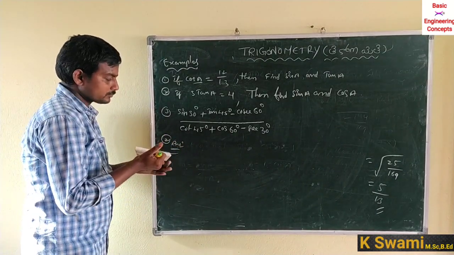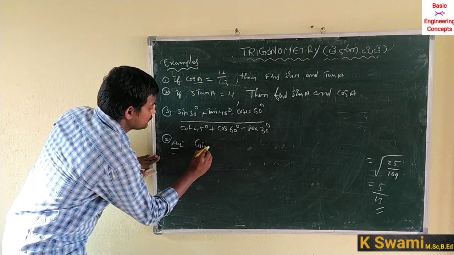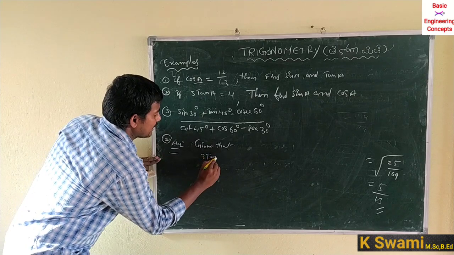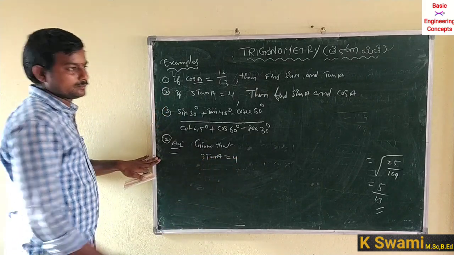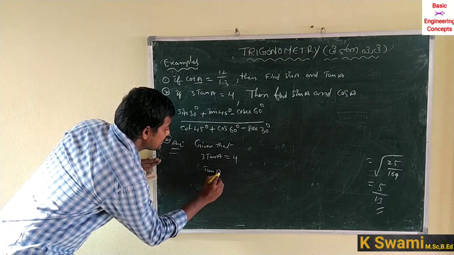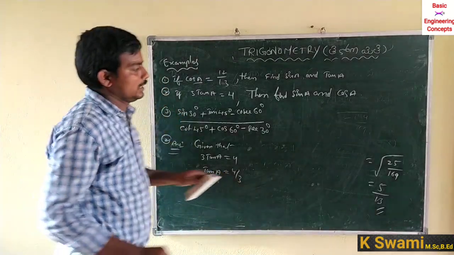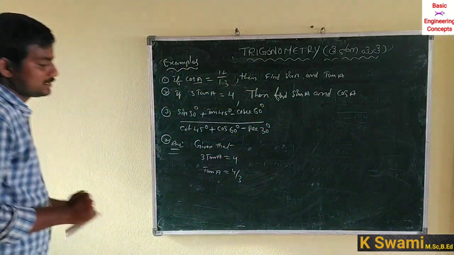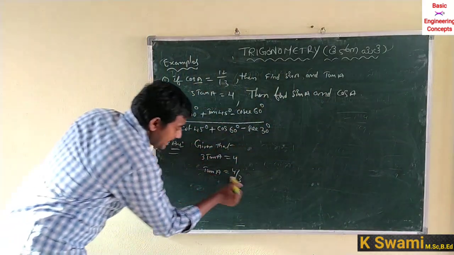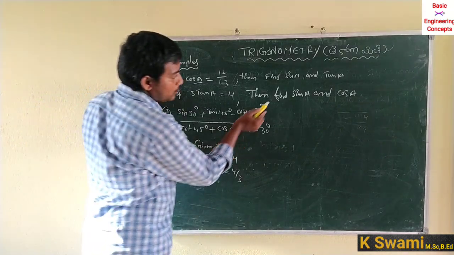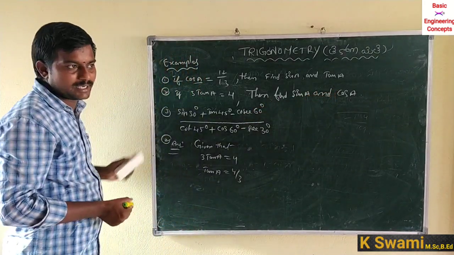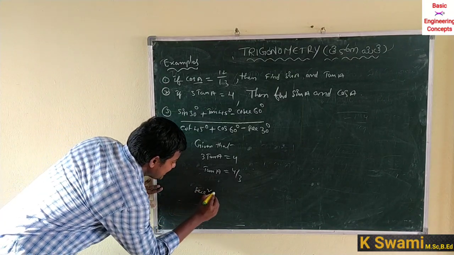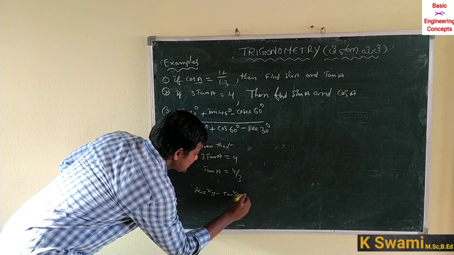Given that 3 tan A is equal to 4, so tan A is equal to 4 by 3. But to find sin A and cos A, we know that secant square theta minus tan square theta is equal to 1.